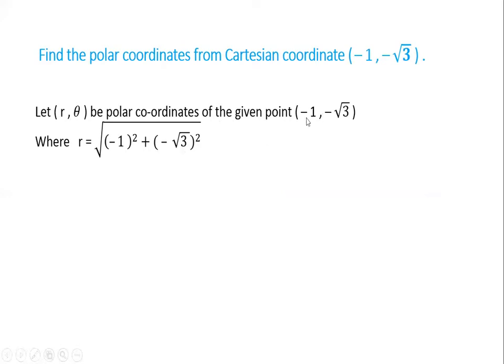Here x equal to -1, y equal to minus root 3. So from this we get root over 1 plus 3, that means 4. Root over 4 equal to 2. And you know theta equal to tan inverse y by x. Here y equal to minus root 3, x equal to -1. So we get theta equal to tan inverse minus root 3 by -1.